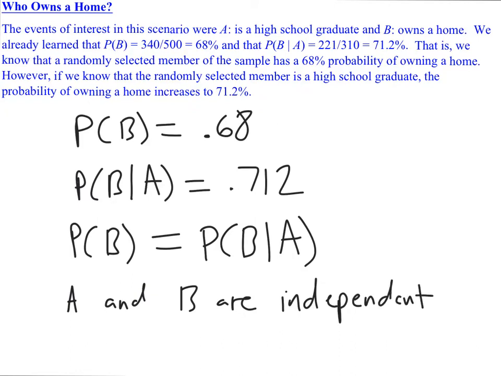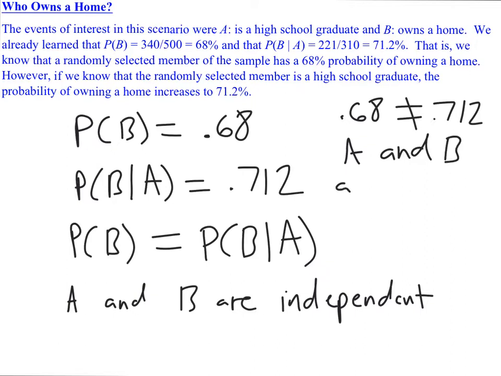Now look up here. 0.68 does not equal 0.712. So for the problem we were doing, we could use that as evidence that A and B are not independent.